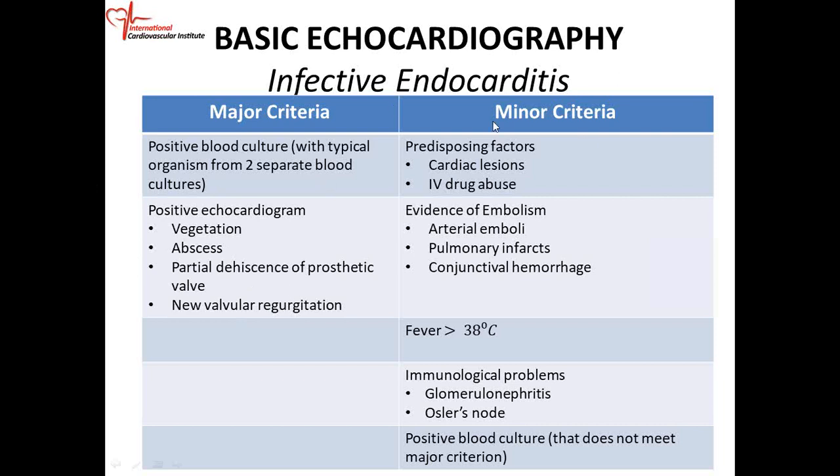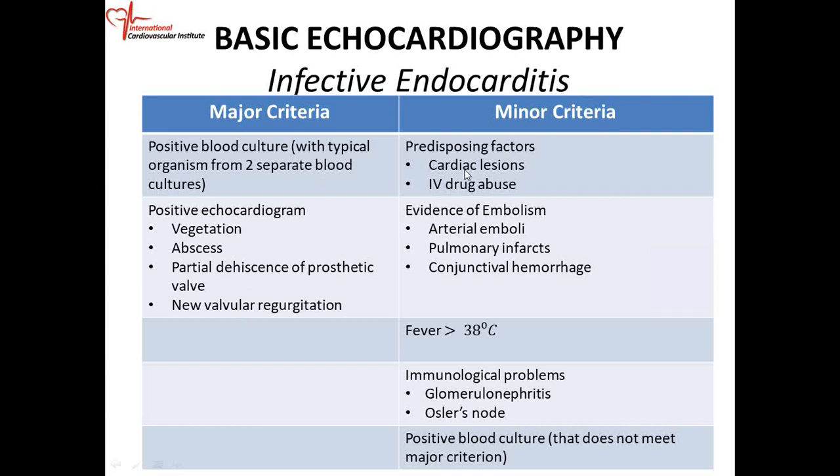So the minor criteria. The minor criteria are less specific for infective endocarditis, but when patients have a whole lot of these features, it increases the likelihood of infective endocarditis. So minor criteria, we talk about the predisposing factors such as cardiac lesions.